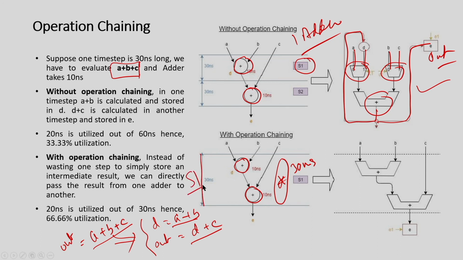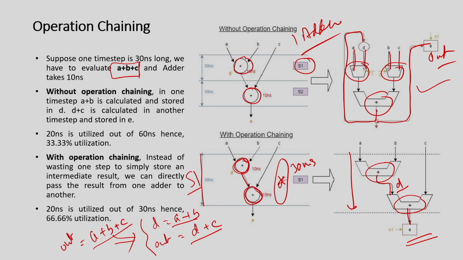I put an adder here, and its output is not going to any register, it is going to another adder, and this happens in the same clock. I have the A plus B adder here, the result comes here, I add it with C, and then directly update E. So I do not need to store the intermediate result D in some register. This is called operation chaining.